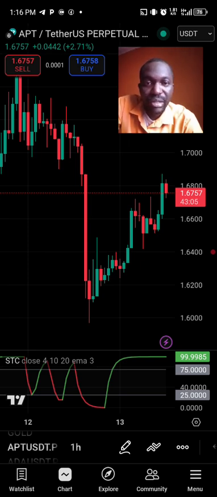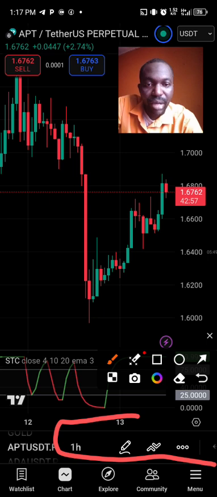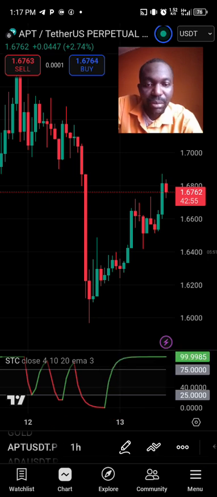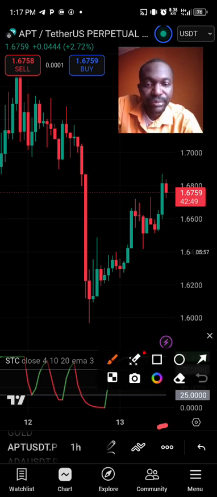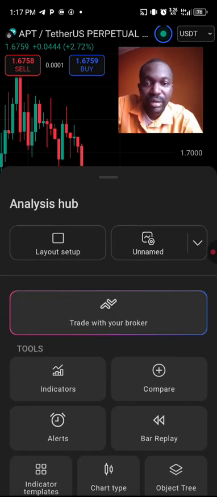Okay, so let's go to below here. In this place, we are going to get some options. You see these three dots here. So we're going to be selecting that, and we're going to be selecting indicators, as you can see here.